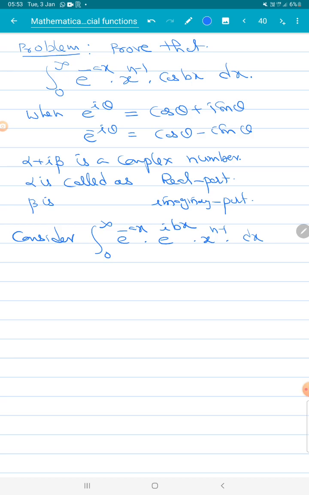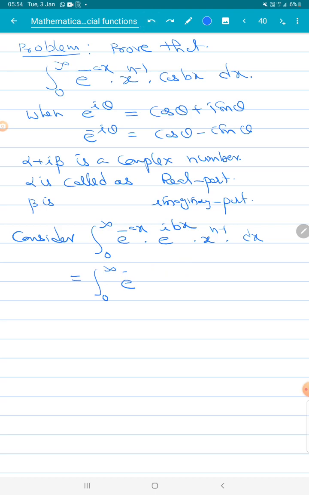So this can be written as the integral from 0 to infinity of e power minus a plus ib times x. I need to take minus as common.